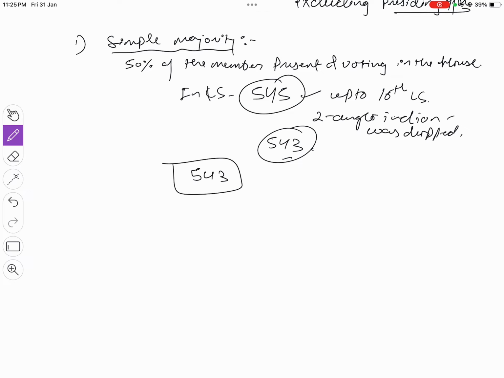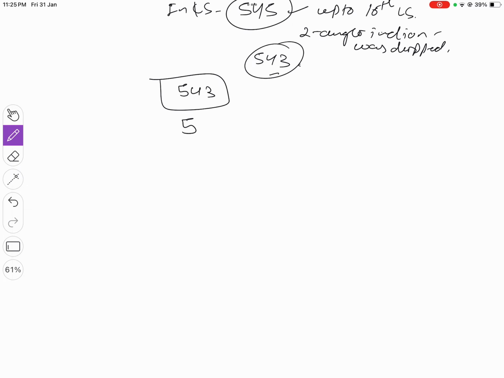Suppose 500 members are present in the house and 495 members vote.